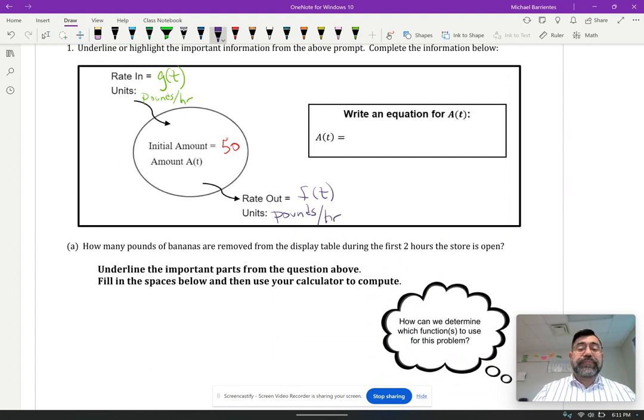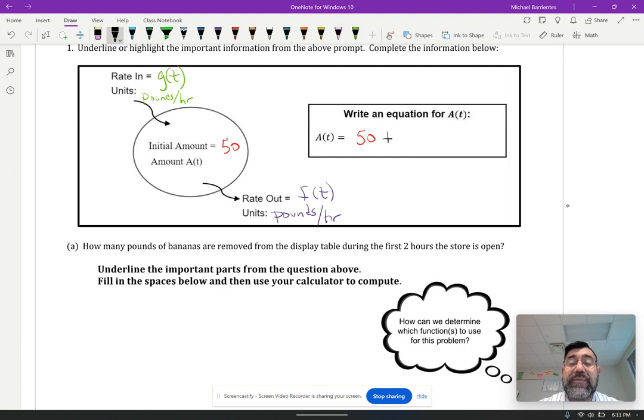So therefore, could we write an equation to find the amount of bananas on display at any given time? Well, if we follow what we did in the previous videos, do we have a starting point? We do. We have 50 pounds of bananas. But then we're going to add bananas coming in, and subtract bananas going out.